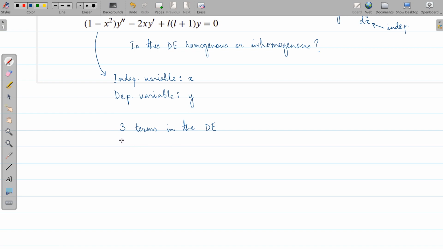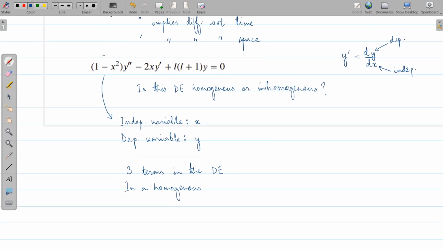So in a homogeneous differential equation, can you see the three terms? This is one term, this is another term, and this is another term. These are the three terms of this differential equation.